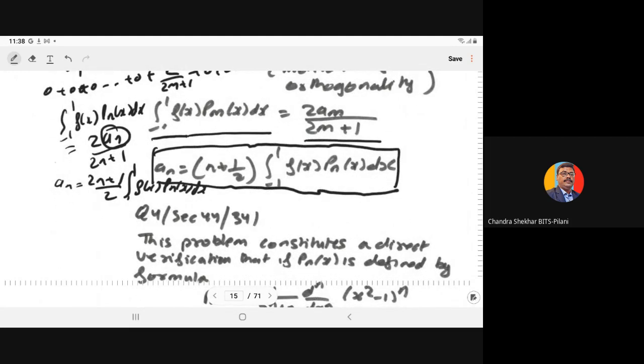For all orders n, you know the value of Pn. For example, P0 is 1, P1(x) is equal to x, P2 is equal to 1 by 2 (3x squared minus 1), and so on.